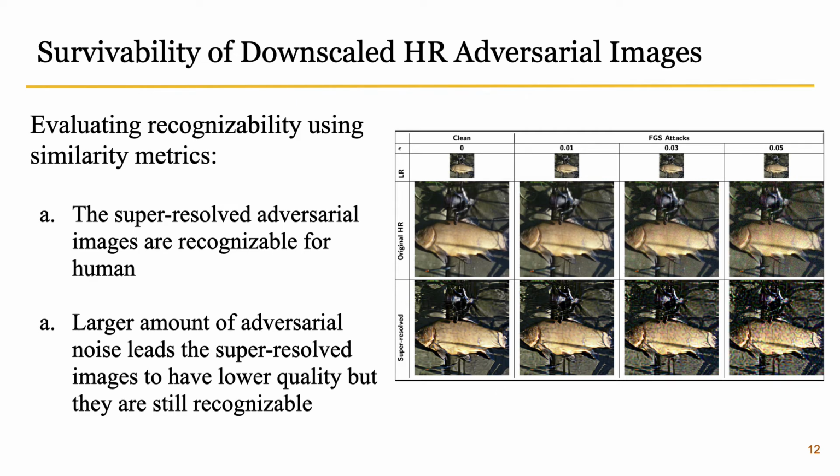Our experiments show a larger amount of adversarial noise leads the super-resolved images to have lower quality, but they are still recognizable. We use the similarity matrix to measure how well this property of adversarial images is preserved by going through SRCNNs. Please read the paper for more information.